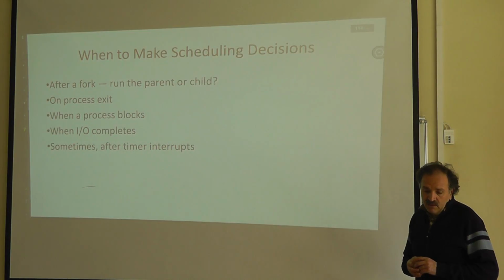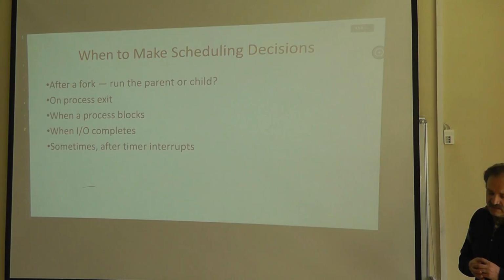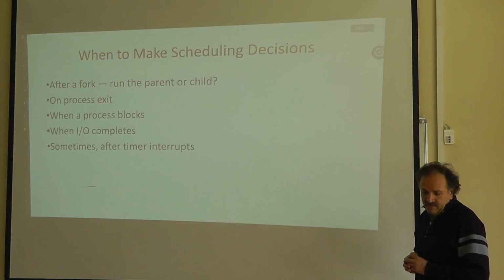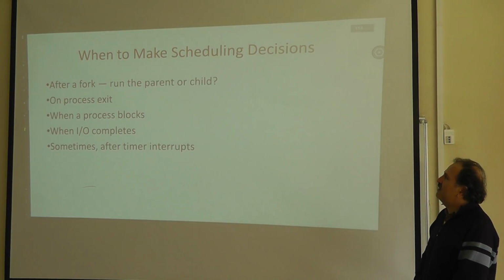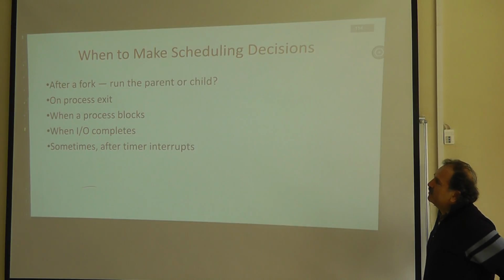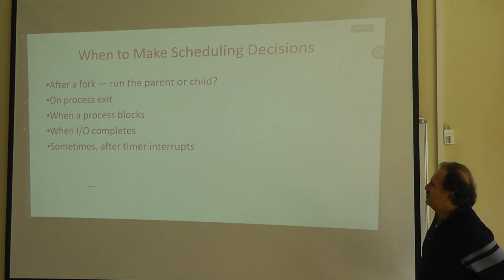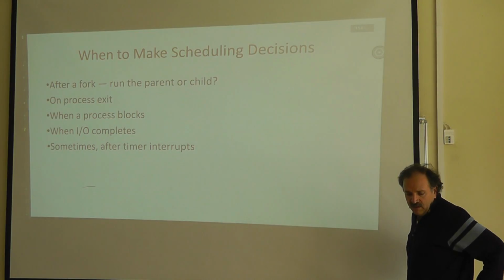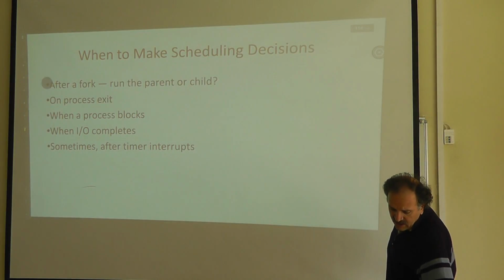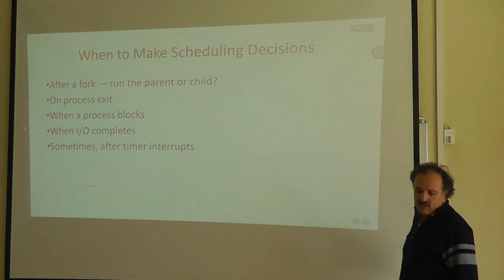Okay, so these are the time positions where we need to make a decision on what to run next. Almost all of them are here. After we create a new process, after a fork, we need to make a decision.